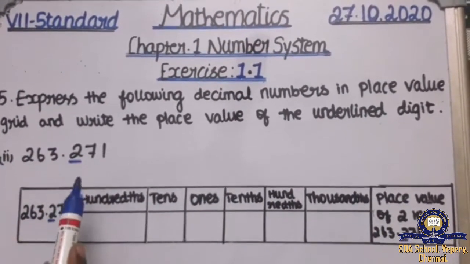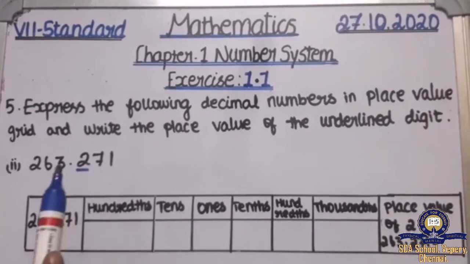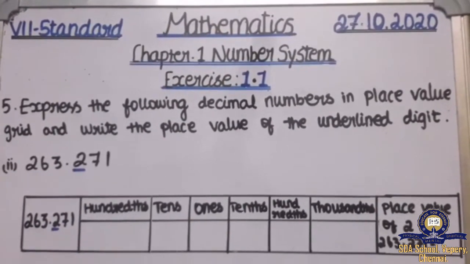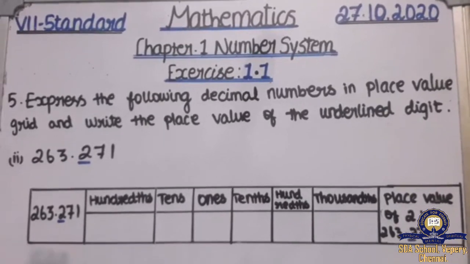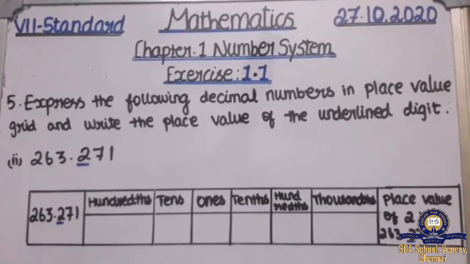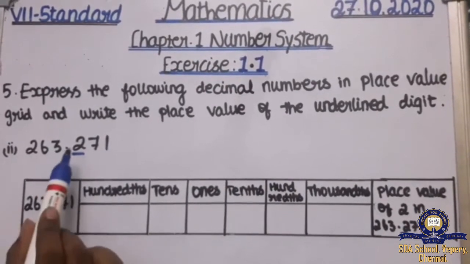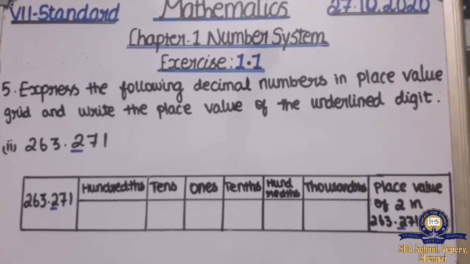Like this, after the decimal, 2 is in the tenths place, 7 is in the hundredths place and 1 is in the thousandths place. So we need to write it in the place values given in the grid. Okay, students? And after finding that, we need to write the place value of the underlined digit. So here 2 is the underlined digit. We need to write the place value of the underlined digit.